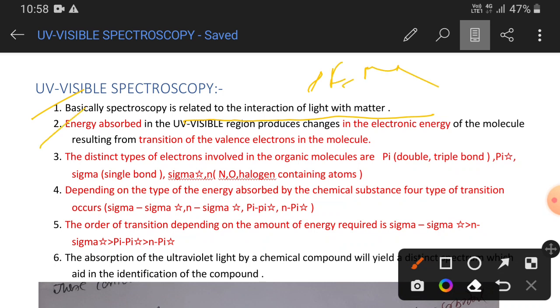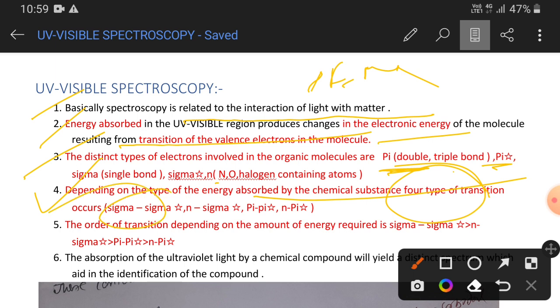Energy absorbed in the UV visible region will produce a change in the electronic energy of the molecule, resulting from the transition of the valence electron. The distinct types of electrons involved in an organic molecule are pi, pi star, sigma, sigma star, and N. So depending on the type of energy absorbed by the chemical substance, as I have discussed with you, four types of transition will occur.